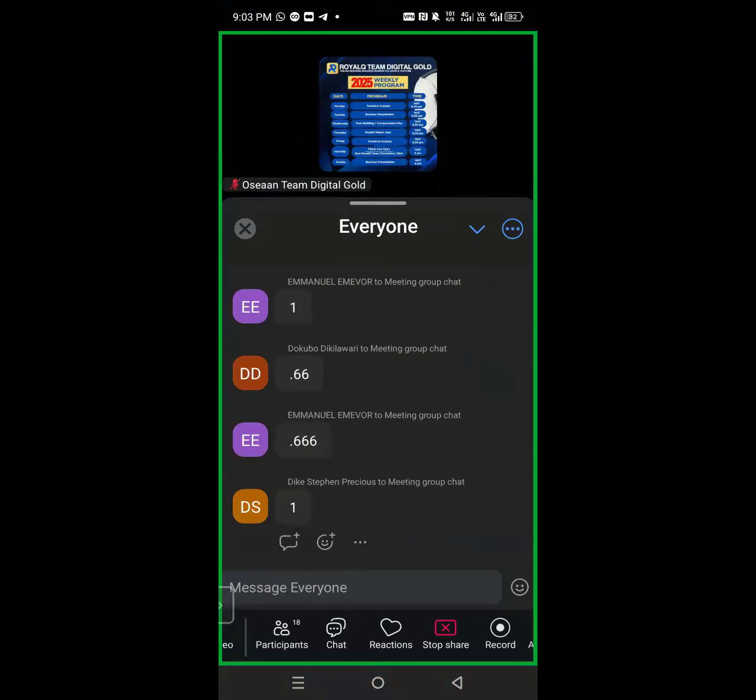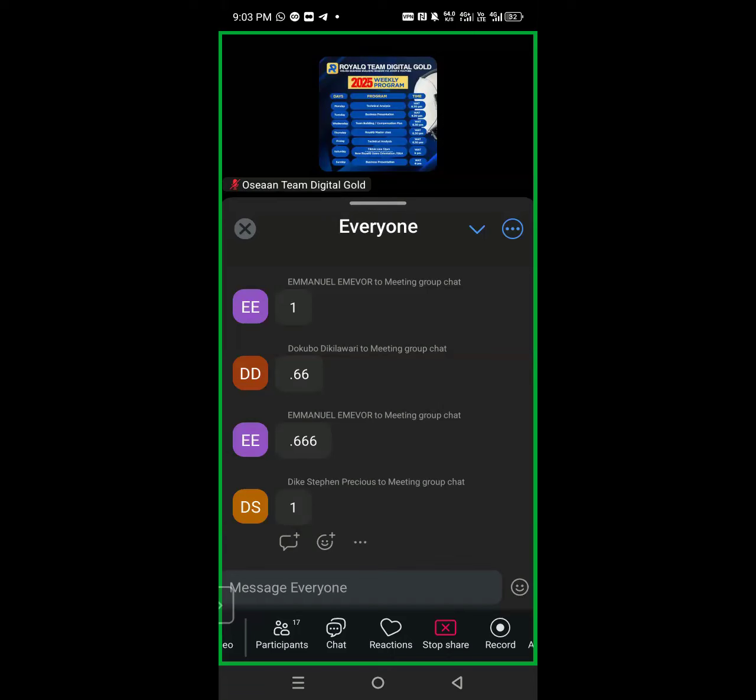DK Steven, you said 1. 1 is wrong, because 1 times 15 will give us 15. We want 10. So we are looking for what we are going to put there that if you multiply by 15, we'll get 10. So it's 0.66 times 15. It will give us 9.9.